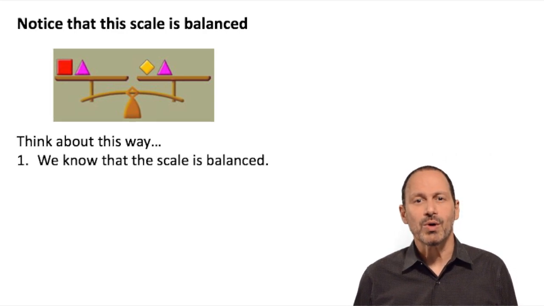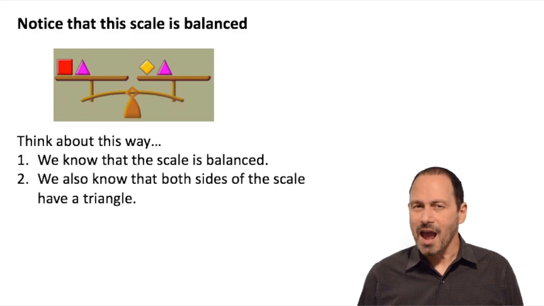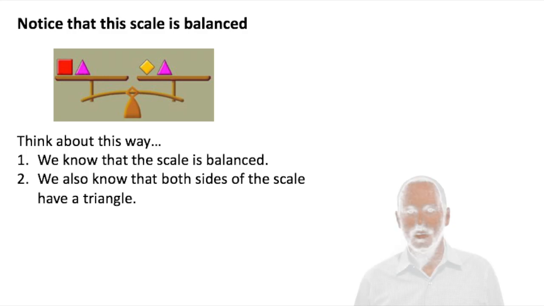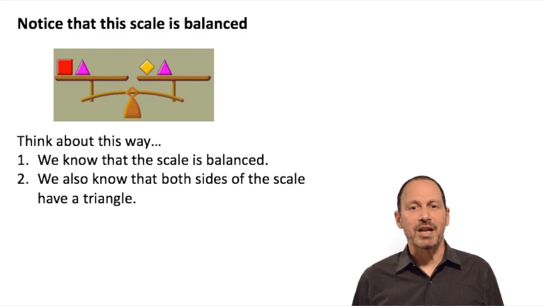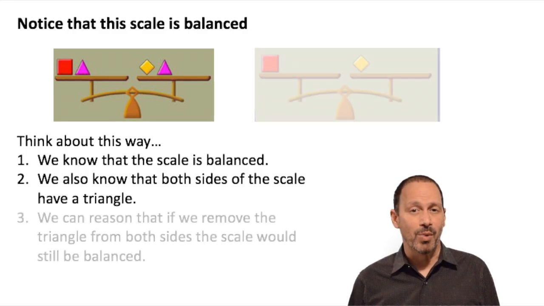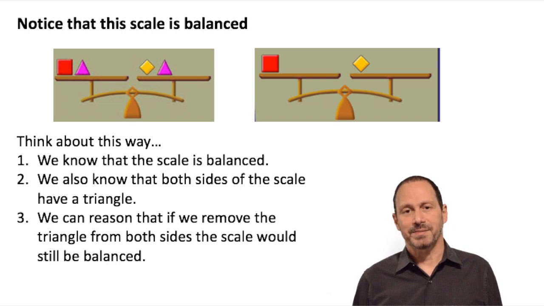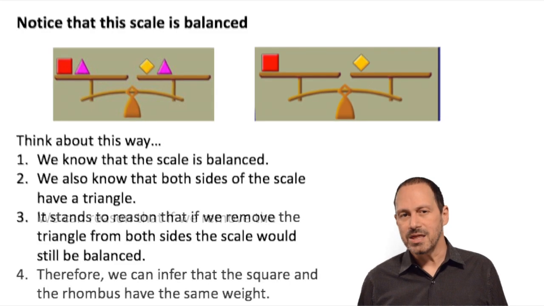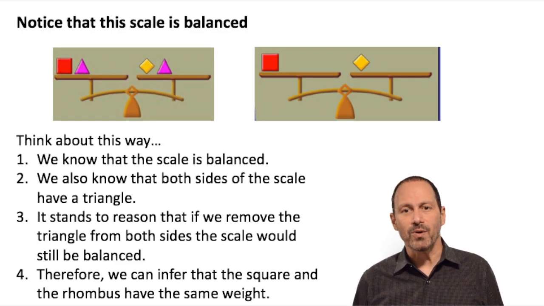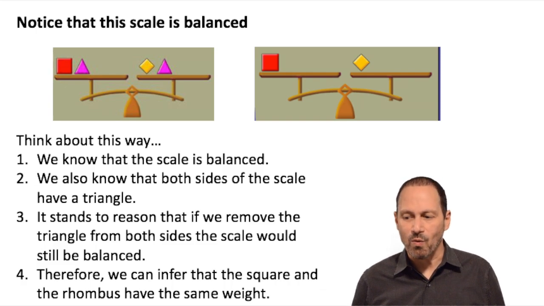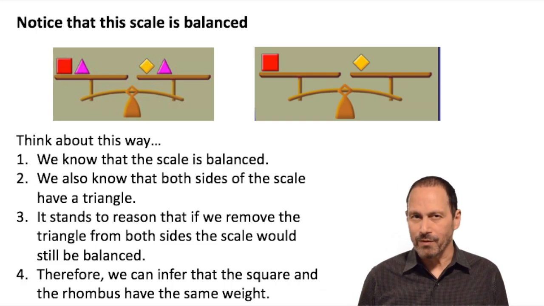We also know that both sides of the scale have a triangle. So it stands to reason that if we remove the triangle from both sides of the scale, it will still be balanced. Therefore, we can infer that the square and the rhombus have the same weight. They are equal in value.